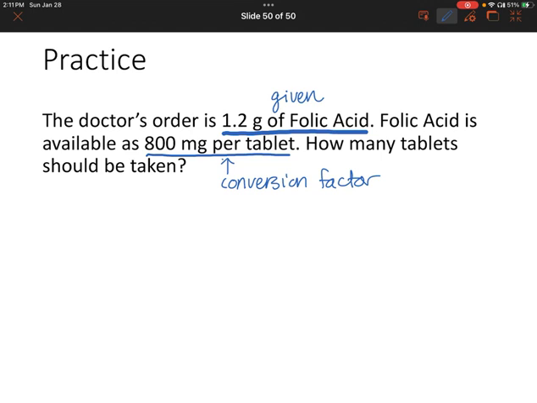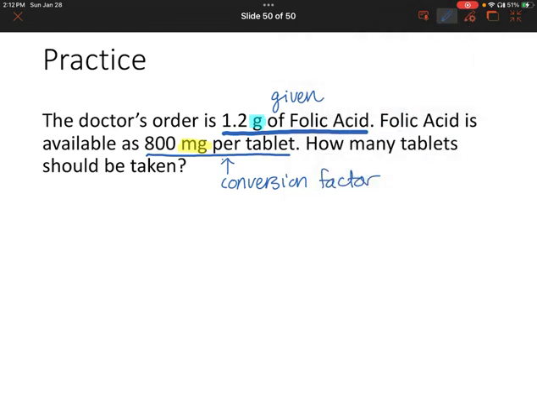One thing I'm noticing though with our conversion factor, we have a different unit from the value that we're given. So we have milligrams, but the unit we were given was grams. So we might actually need to set up a second conversion factor.